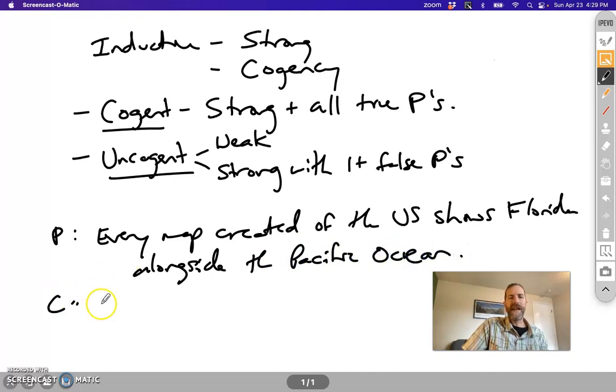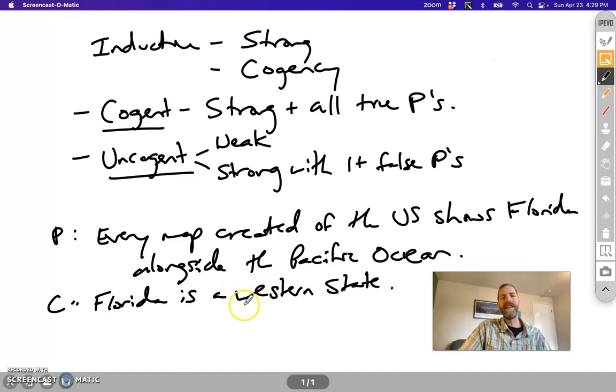And then my conclusion is that Florida is a western state. Okay. Now, why is this an inductive argument? Because maps are human-made artifacts, and humans can make mistakes. There can be printing errors. Maps can't be trusted to be, by definition, always conveyors of the truth. So we need to use some inductive reasoning skills when we interpret a map.